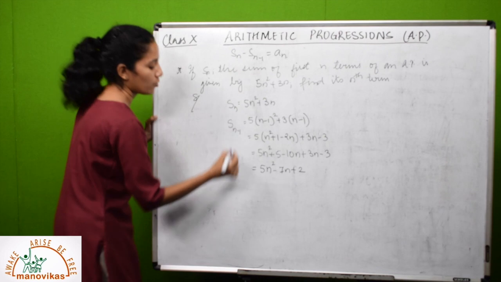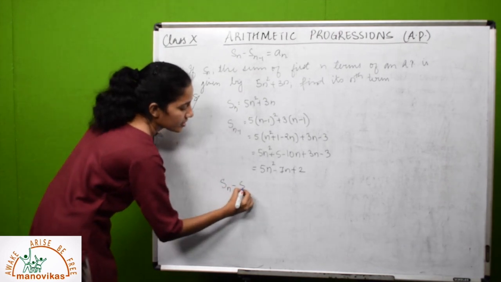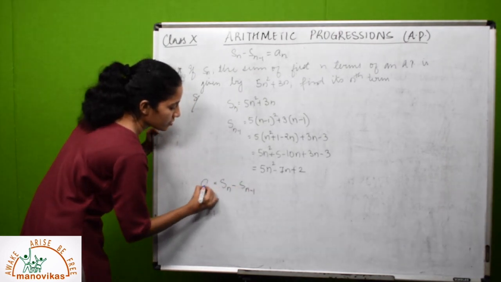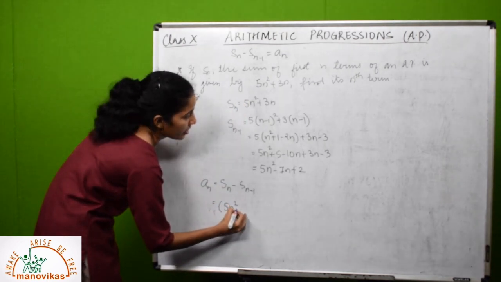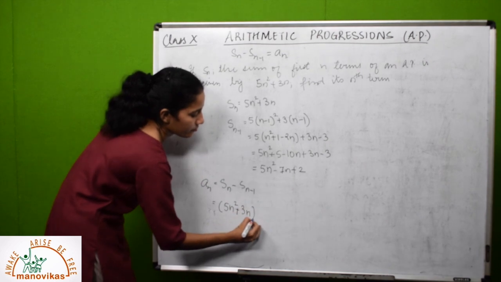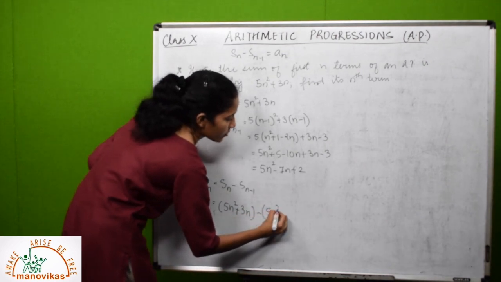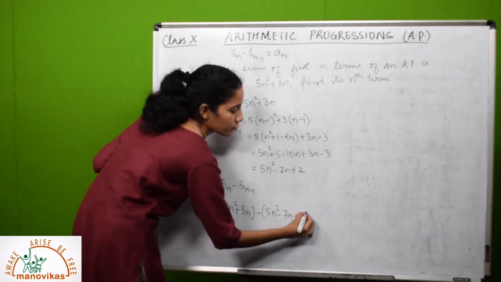Now using this formula, nth term is equal to Sn minus Sn minus 1, I'll be substituting these values. 5n square plus 3n minus, 5n square minus 7n plus 2.